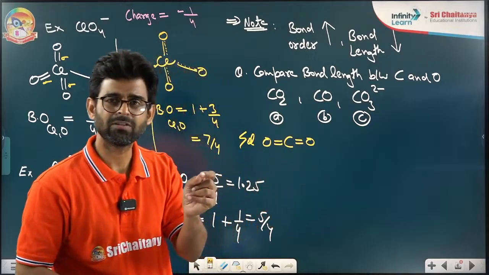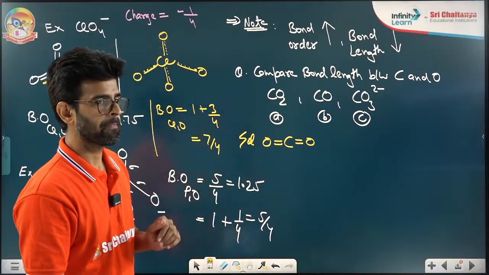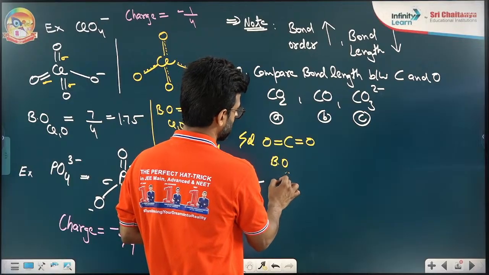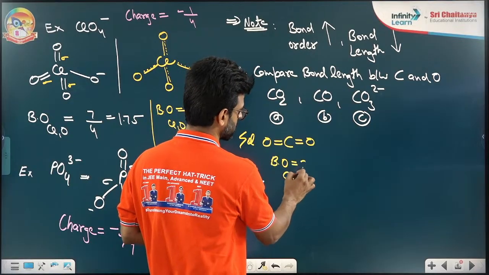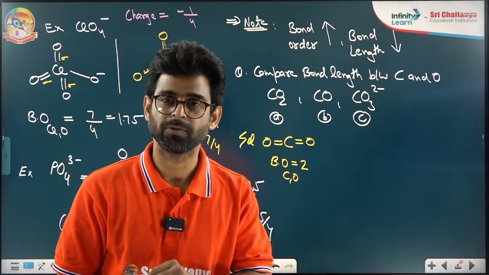Carbon and oxygen have which bond? Double bond. So the bond order here is 2. Actually CO2 has resonance also.